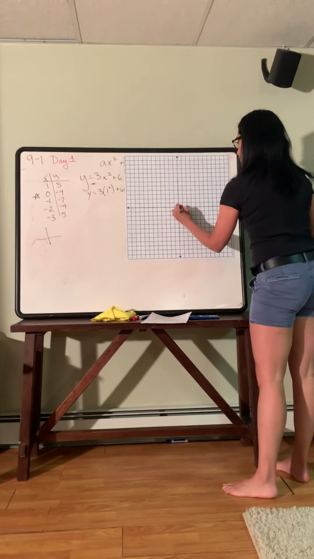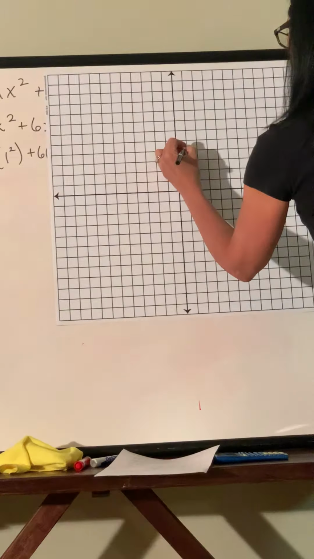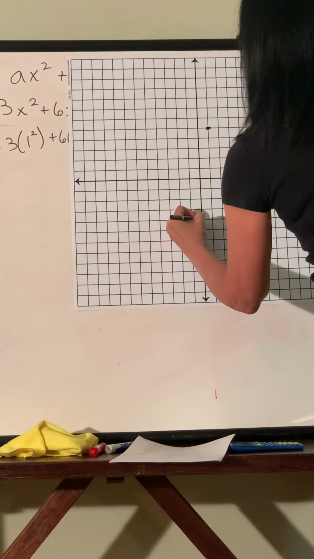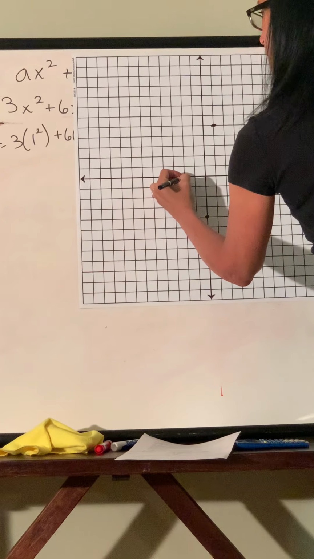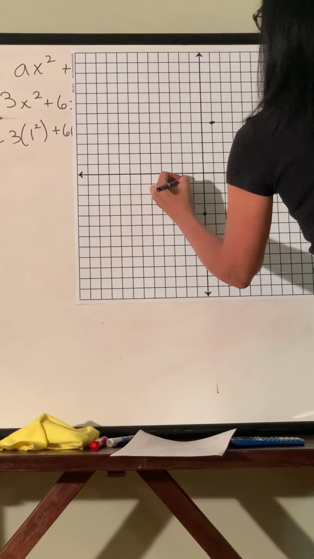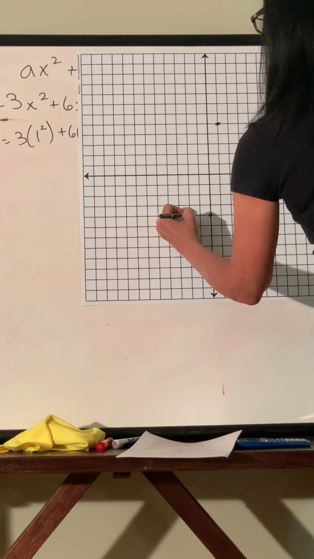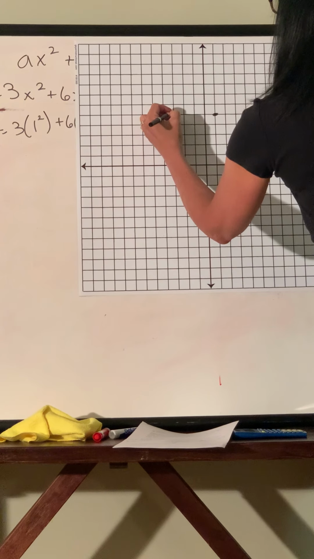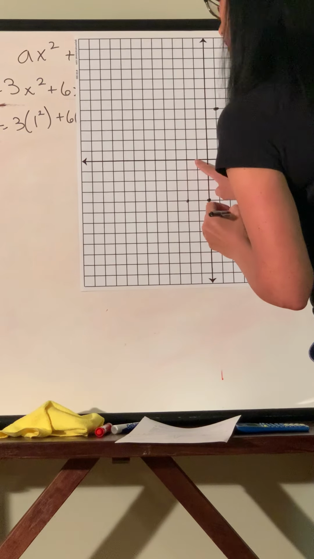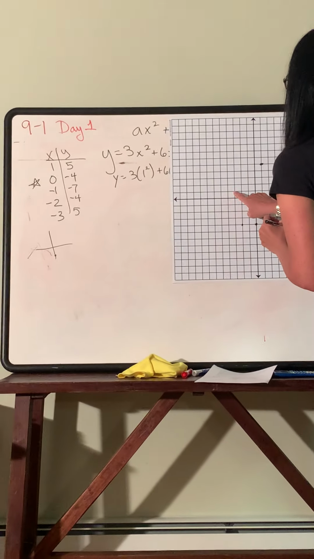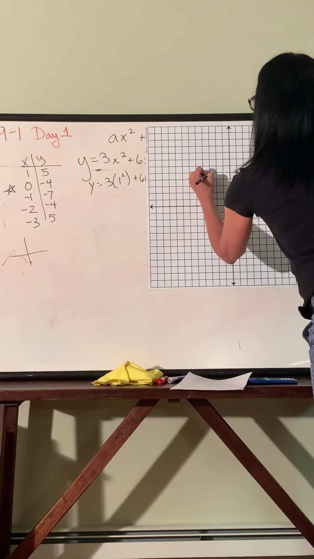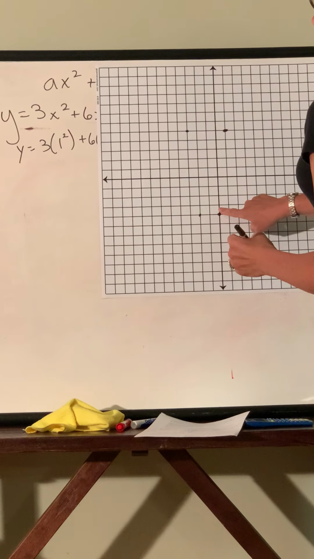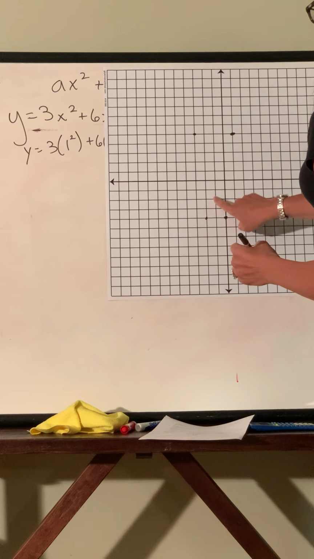So we have 1, 5, so 1, 5 is here, 0, -4 is here, -1, I forgot to graph this one.